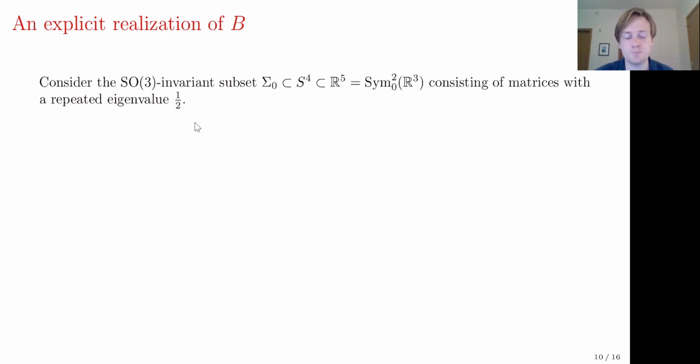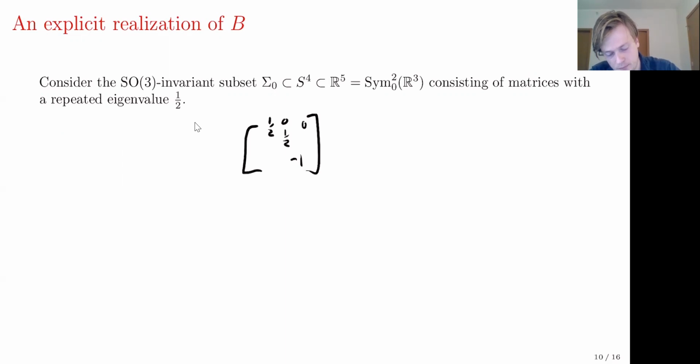3x3 matrices. And inside that sphere, I can consider the subset of matrices that have a repeated eigenvalue of half. So these are the matrices that are going to be conjugate to the matrix (half, half, minus 1). So the matrices that are conjugate to this thing.